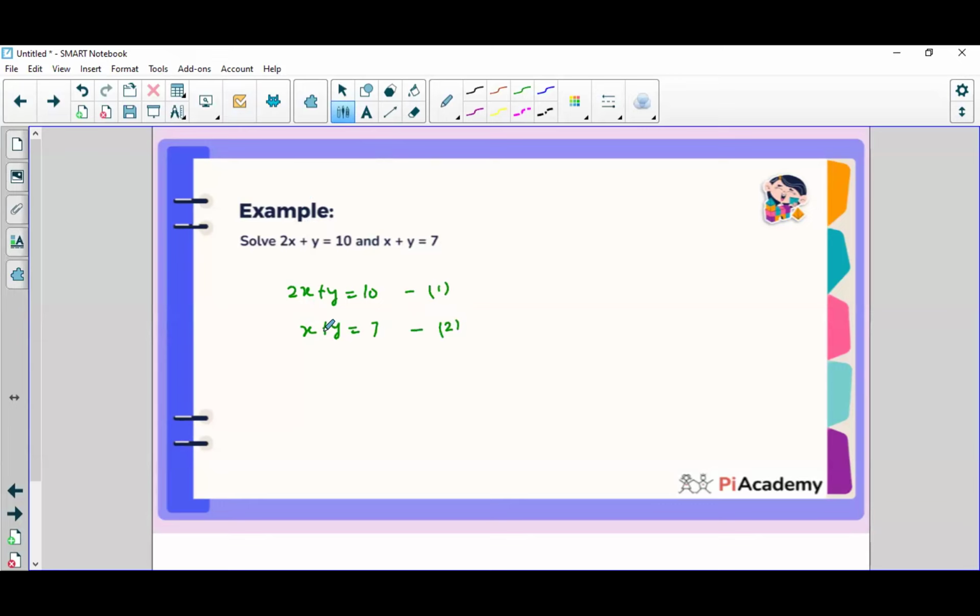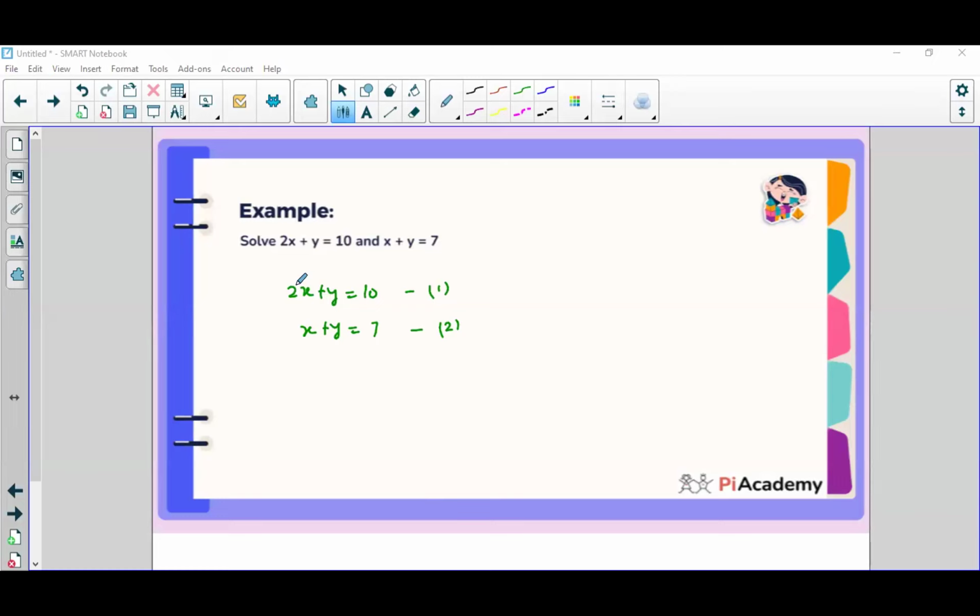Check in equation number 1 what the coefficient of y is, and in equation number 2 what the coefficient of y is. In equation number 1, the coefficient of y is 1. It's just 2x plus y, so that is 1. And in equation number 2 also, the coefficient of y is 1. So already the coefficients are the same here.